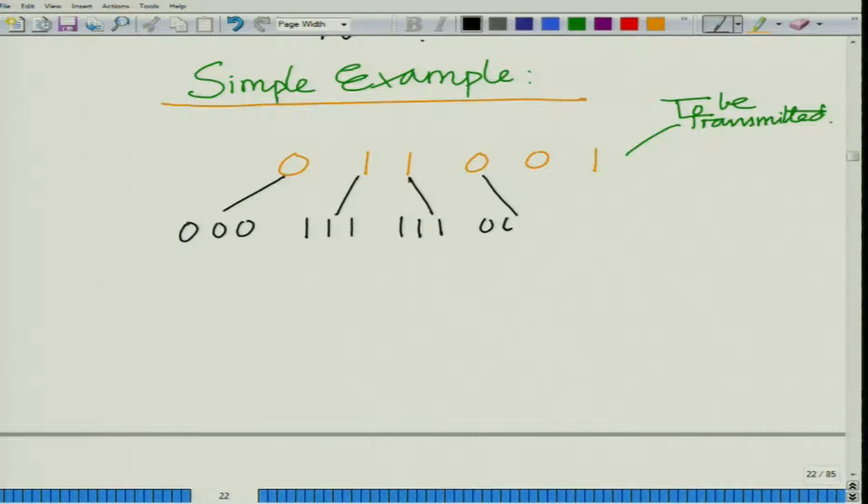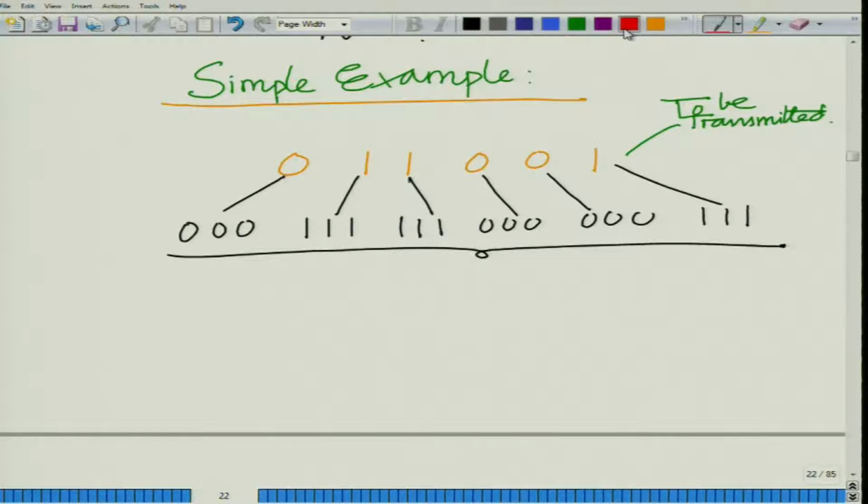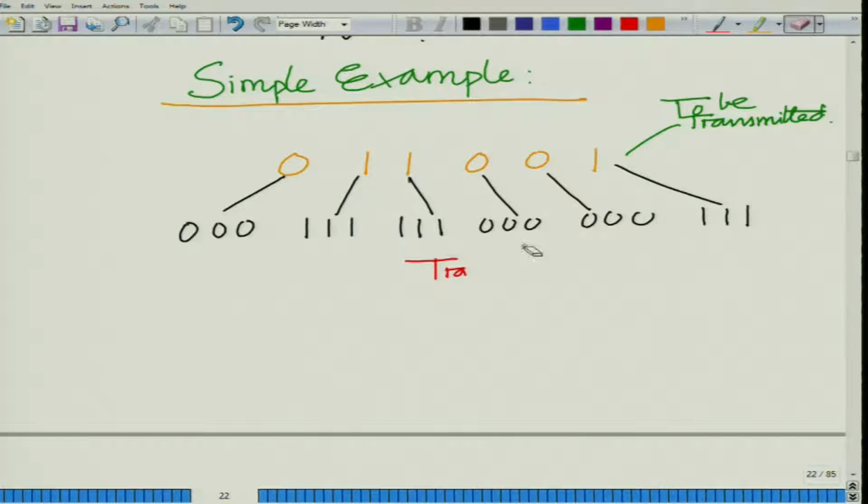So, 0, and so now this becomes my actual transmitted series of bits. Now, let us say there are some bit flips.